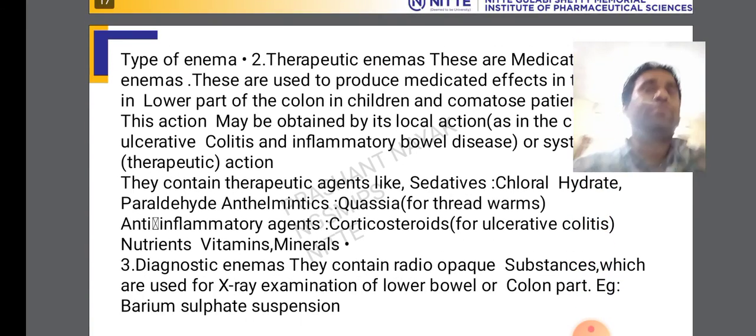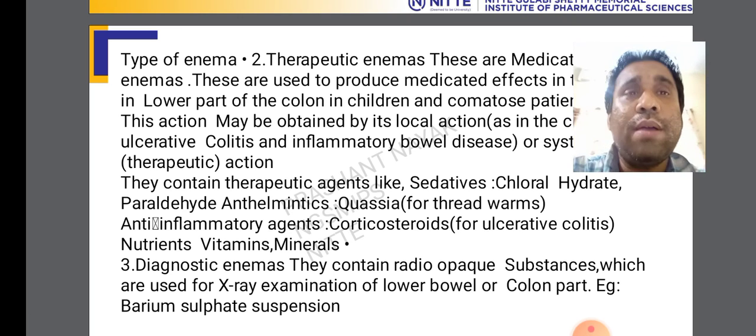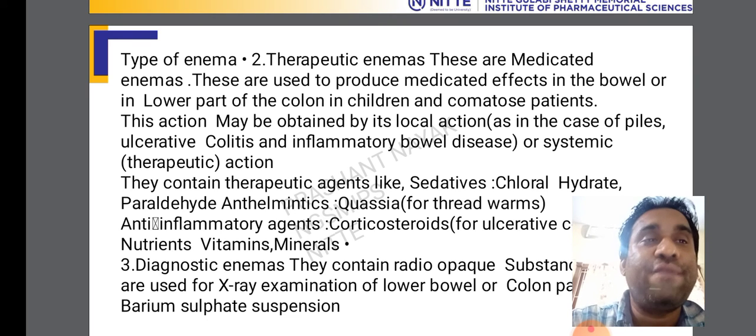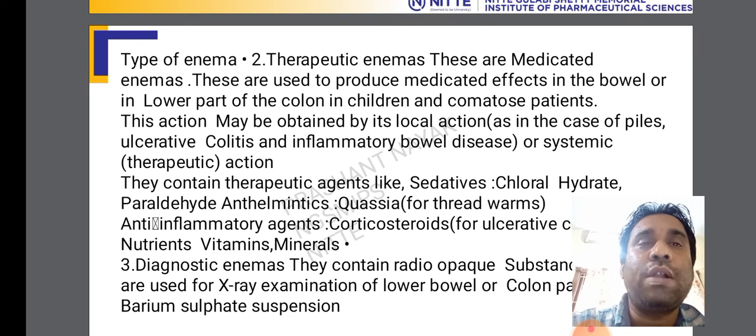Type 2. The second type of enema is the therapeutic enema. These are medicated enemas. They are used to produce medicated effects in the bowel or in the lower part of the colon in children and comatose patients.